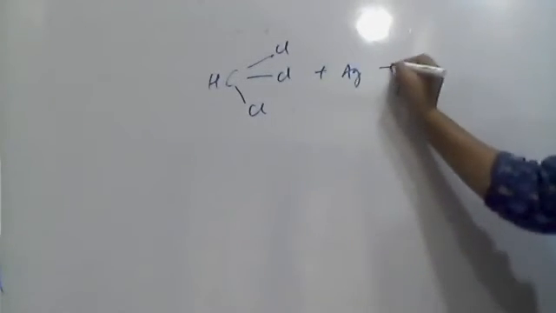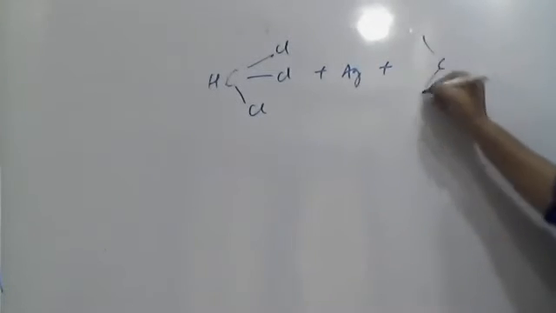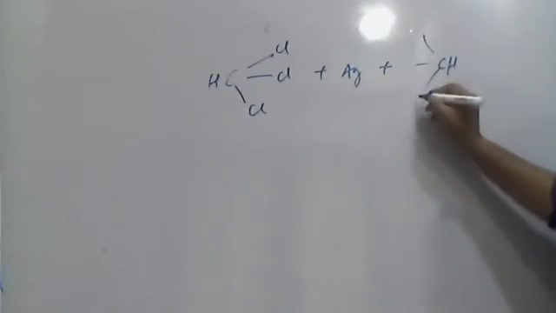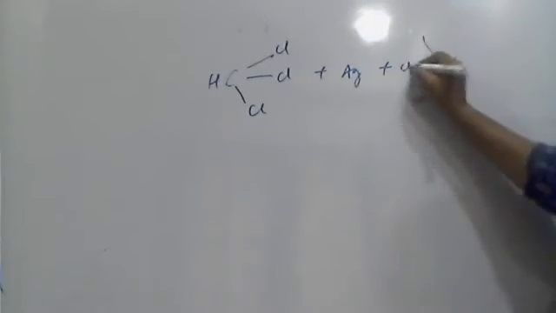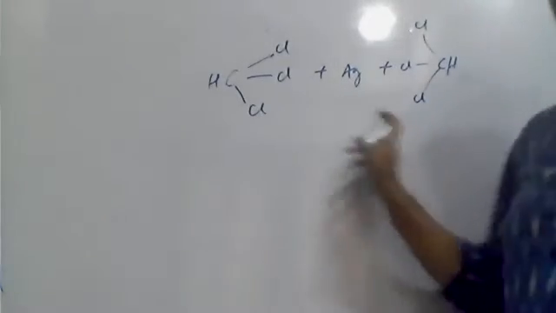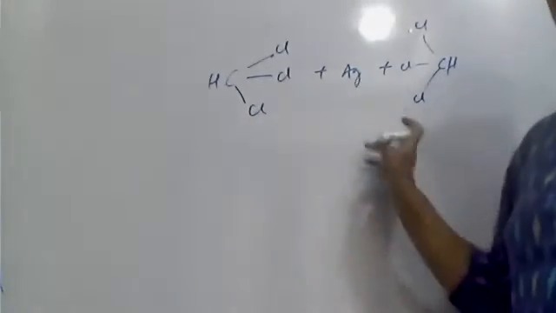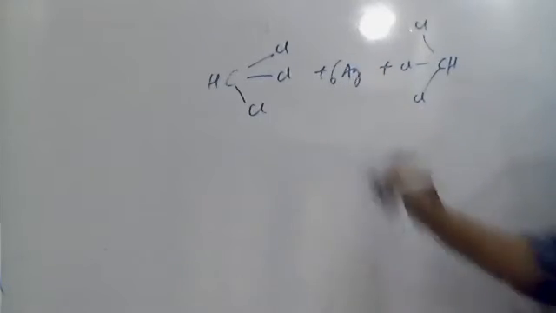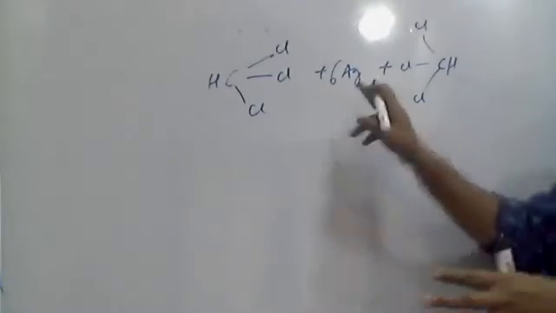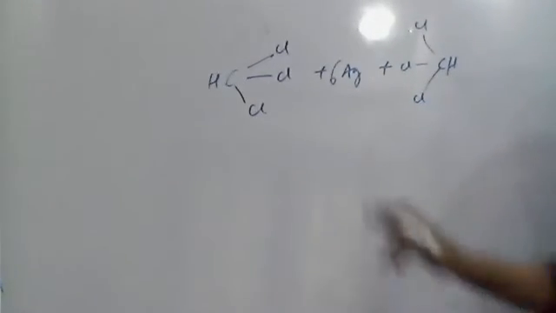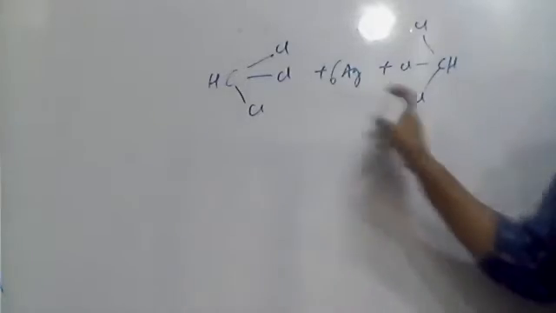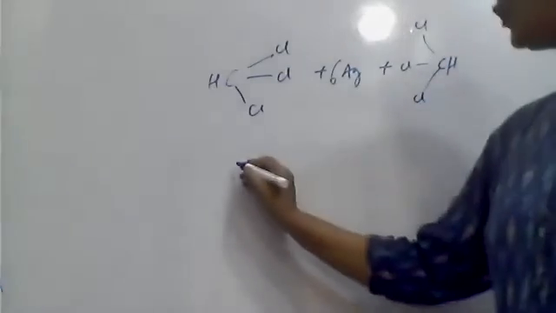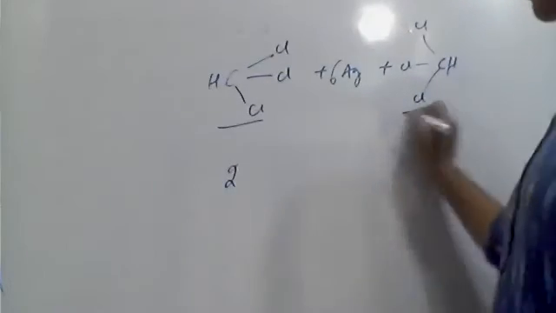Then I will take silver here. It is on treatment with silver powder. Remember, 2 moles. How many molecules have been taken here, beta? 2 moles of chloroform reacts with 6 moles of silver powder, since silver taken is always in excess. So totally how many molecules of chloroform are there? In the question, 2 moles, 2 molecules, 1, 2.